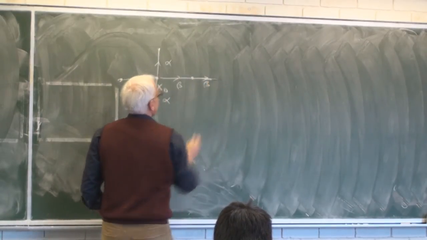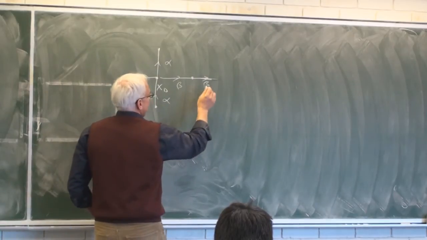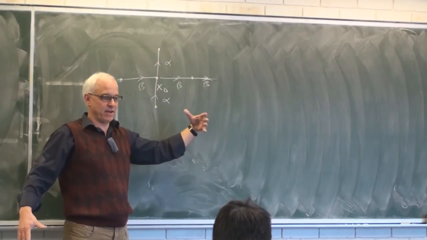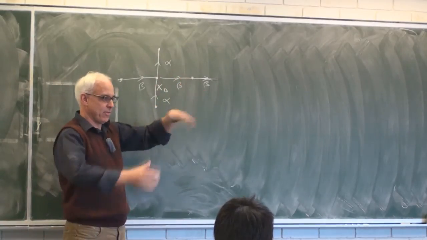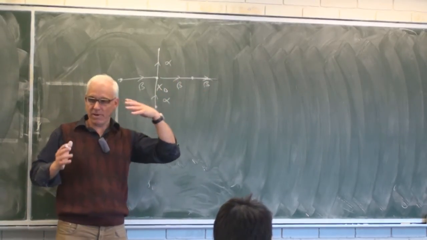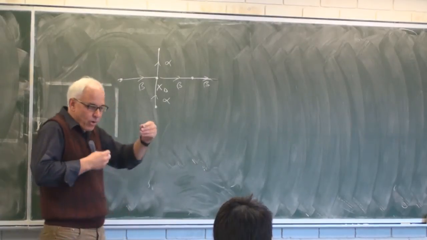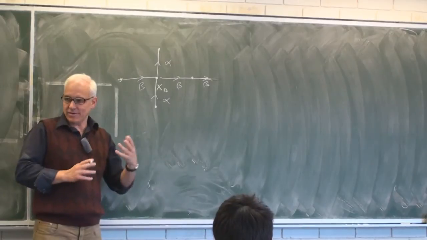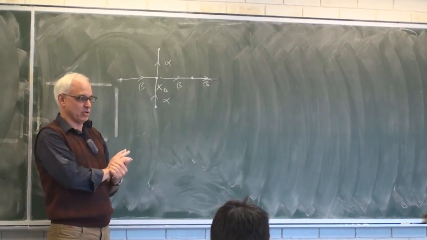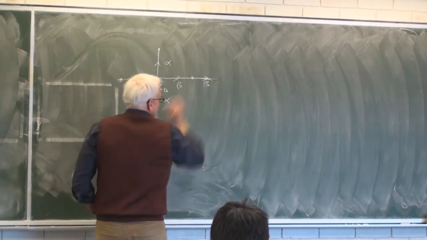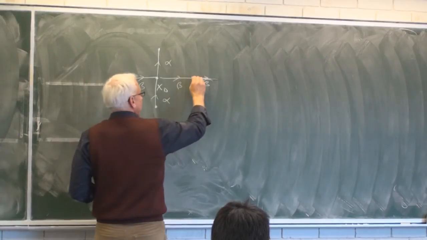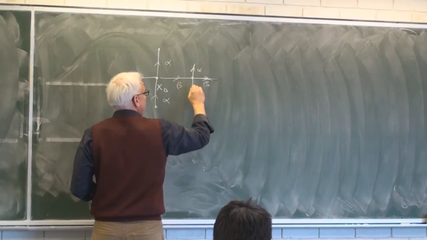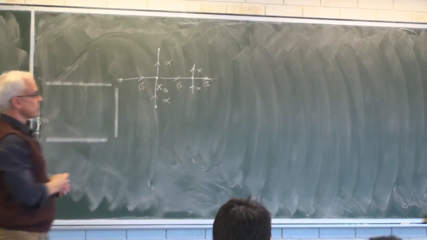So the diagram is going to be a little bit curious, because this is going to be a huge infinite graph. And if I make them all the same size, they will overlap enormously and we will not be able to see what's going on. So I'm going to distort the sizes of the edges so that I can fit them somewhat reasonably on this page. So this beta is going to be a little bit smaller, and I'm also going to put an alpha edge, which is a little bit smaller, and another alpha edge a little bit smaller there.